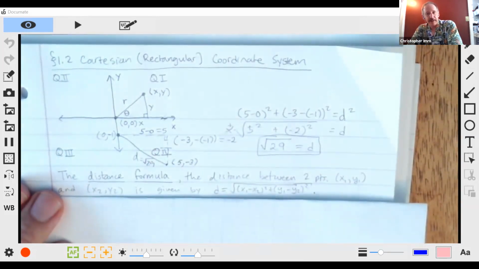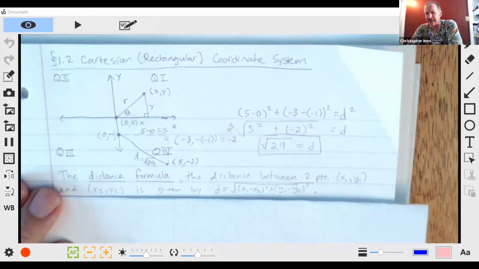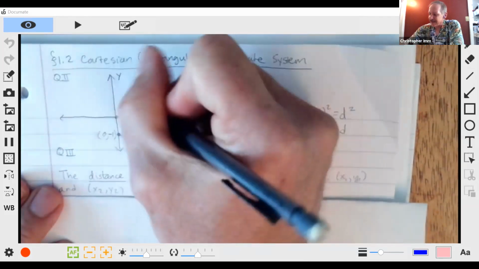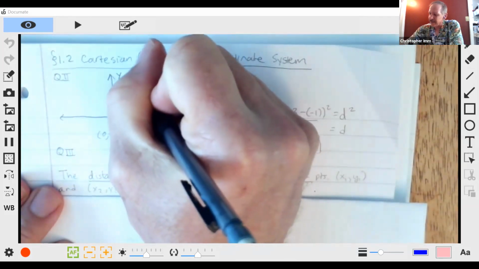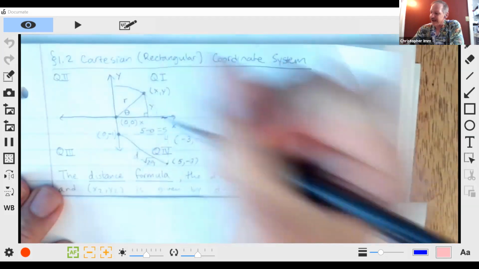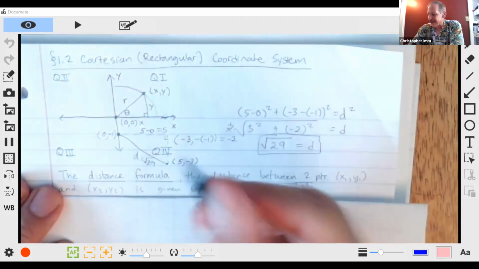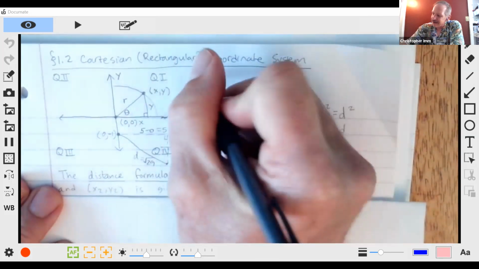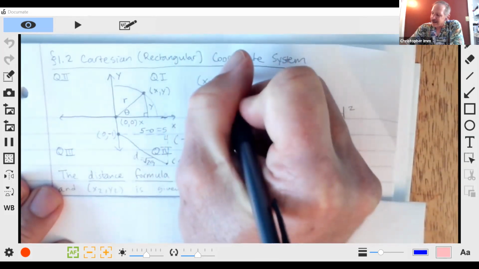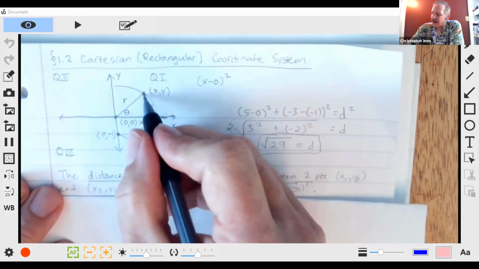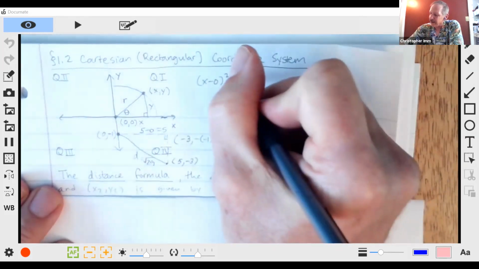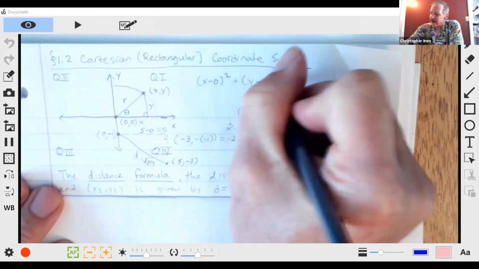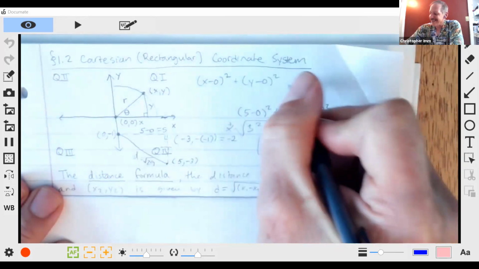In the distance formula. So I wanted to bring that up because that's actually how we found the equation of that circle. If we remember last time, that circle with the radius of whatever, we would say, okay, we could use a distance formula. We could say, all right, x minus the x coordinate 0 squared plus y minus the y coordinate of 0 squared is equal to that radius squared.